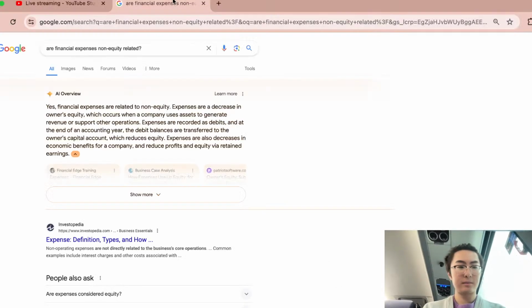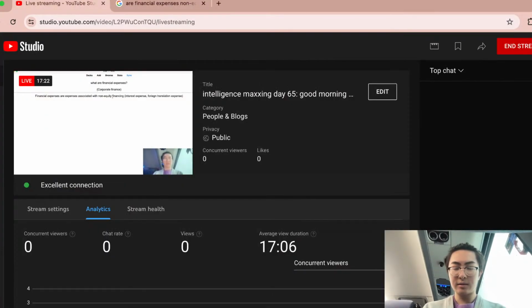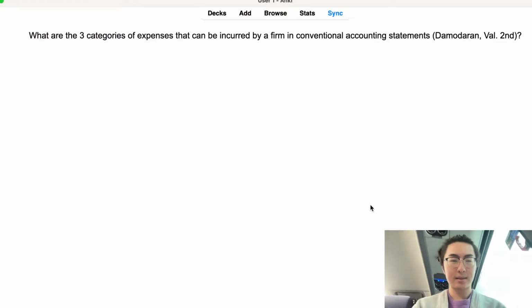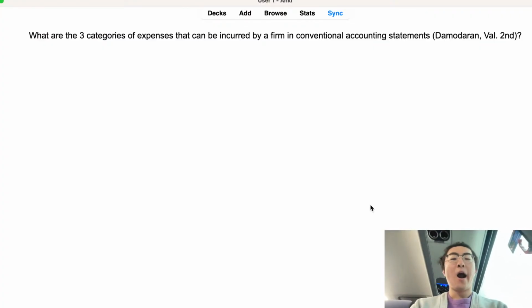Same period. Let's see. So you also have, I think, capital expenses. These are usually longer term expenses. Think property or plants or equipment.